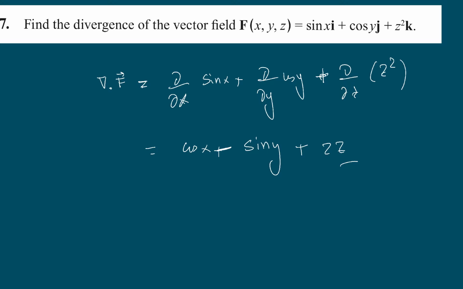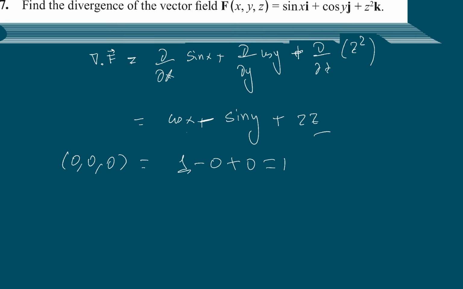Now I would choose, for example, the point 0, 0, 0. The divergence will be cosine of 0, which is 1, minus 0, plus 0, so it will be 1. So I will not find any point whose divergence is 0 everywhere. The divergence could be positive or could be negative.